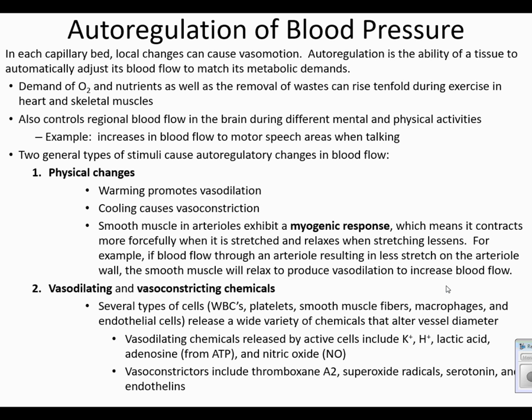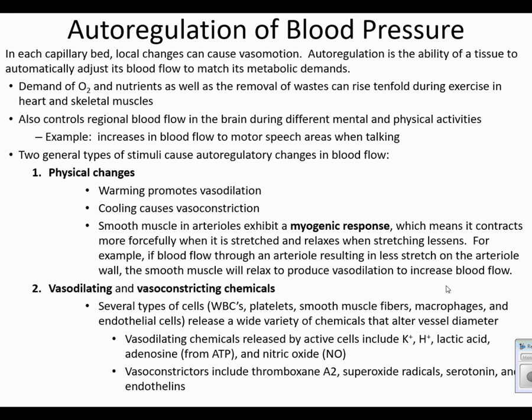For example, if blood flows through an arteriole, resulting in less stretch on the arterial wall, smooth muscle will relax, producing vasodilation to increase it. This is a great mechanism for regulating the production of urine. And blood pressure is going to be really tied in, as you can already imagine, to regulating the amount of urine that we produce. So we'll be talking about these same things again in just a couple weeks.